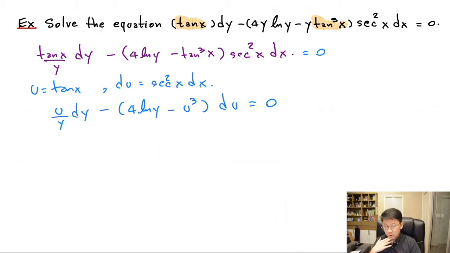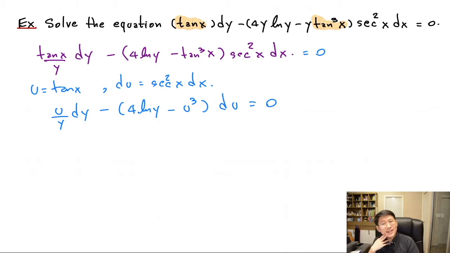It's not linear, it's not Bernoulli, it's not Riccati, it's none of them. So what should we do next? How about, guys, look here, you have log y and you have 1 over y here.